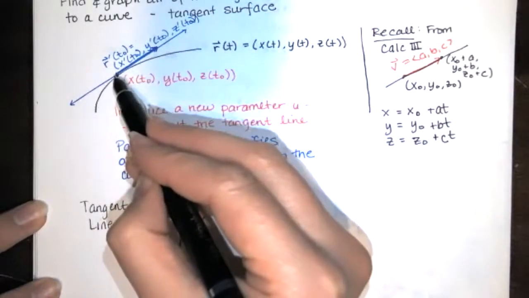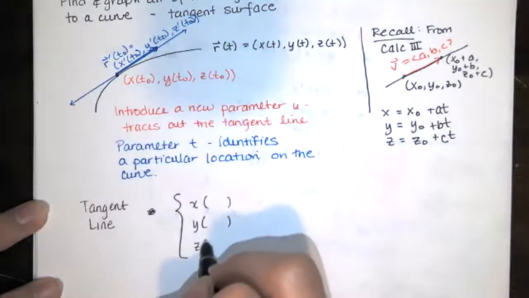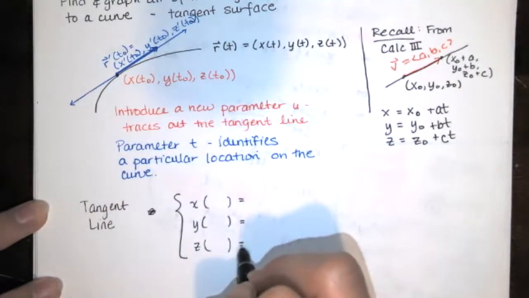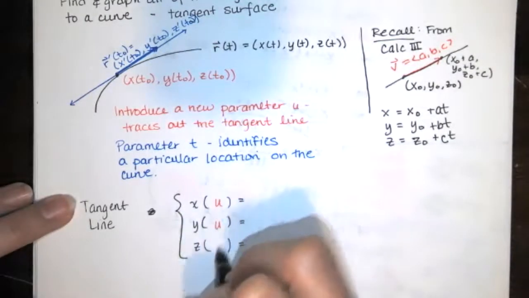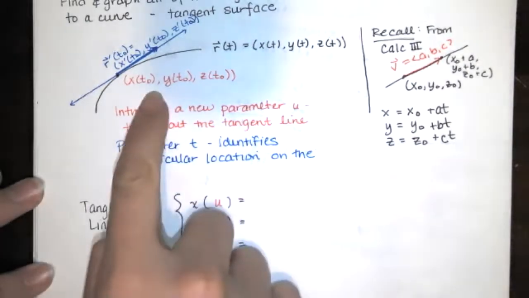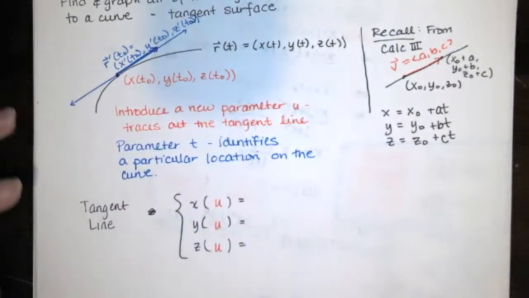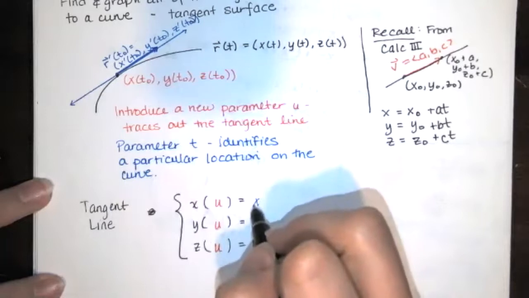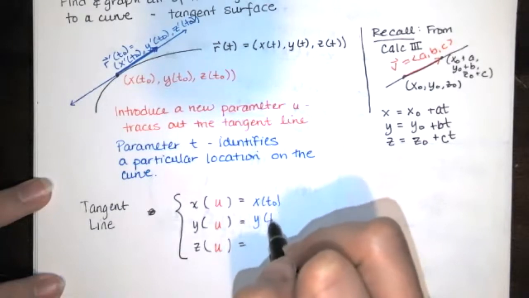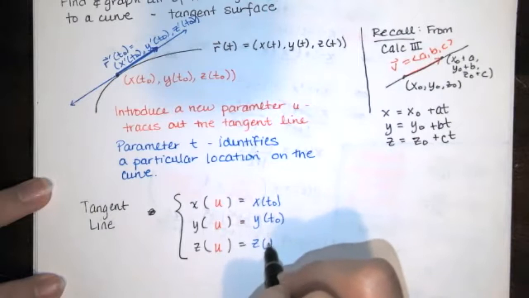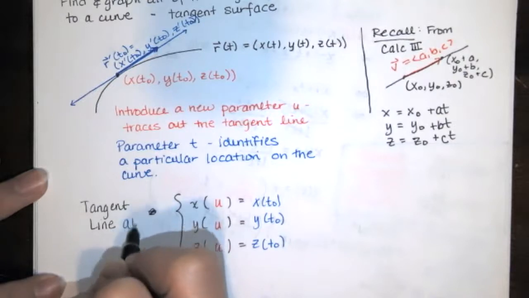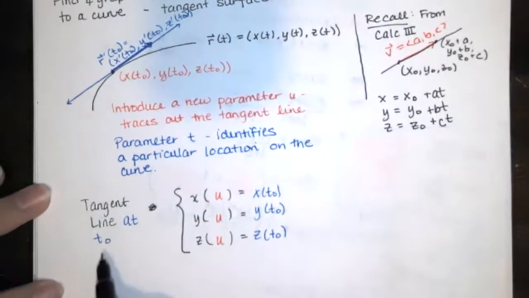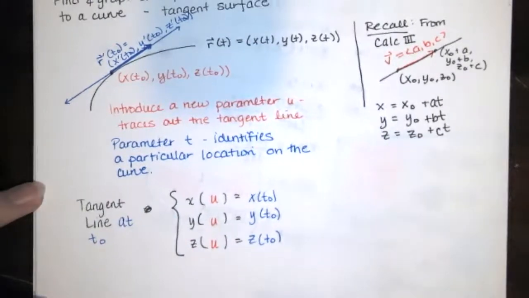As u decreases, when u is a negative number, we go this way. And we start at a particular location, and that initial location is x of t naught, y of t naught, z of t naught. So this is the tangent line to the curve given by r of t at t naught, or at the location given by t equals t naught.